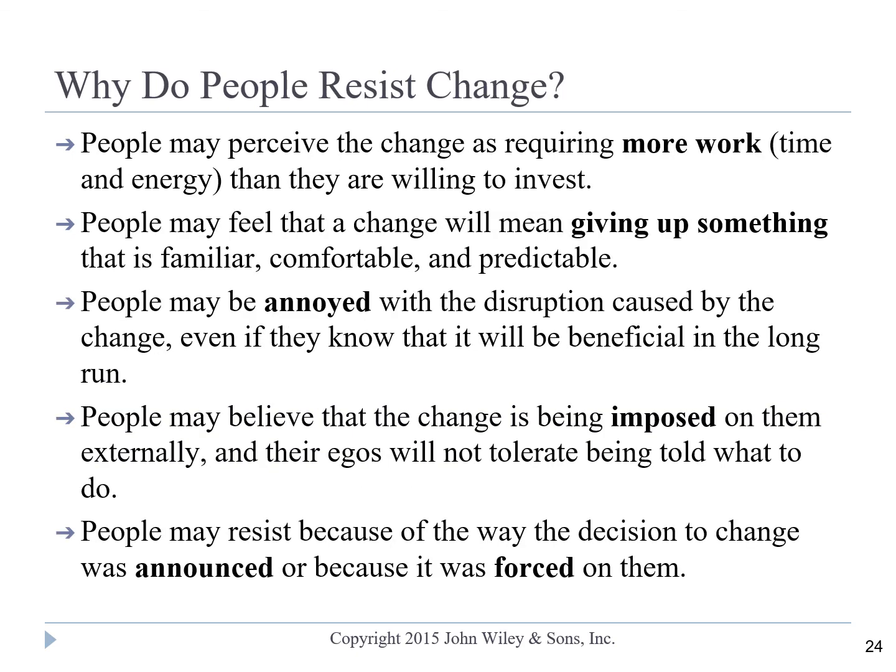So why do people resist change? In most cases, it's when people perceive that the change is going to impact them negatively. We talked about this earlier. They may think that it's going to cause them to do more work.